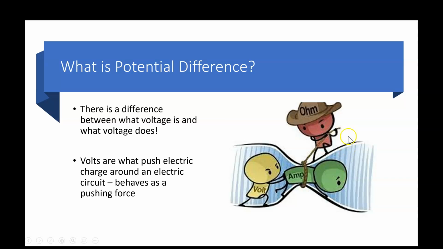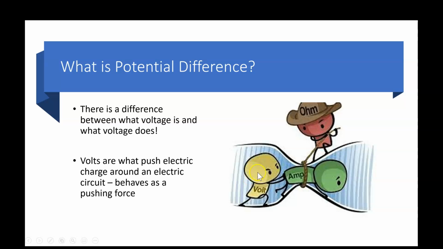Then this guy over here represents the resistance, the ohms, and this will slow down the electric charge.